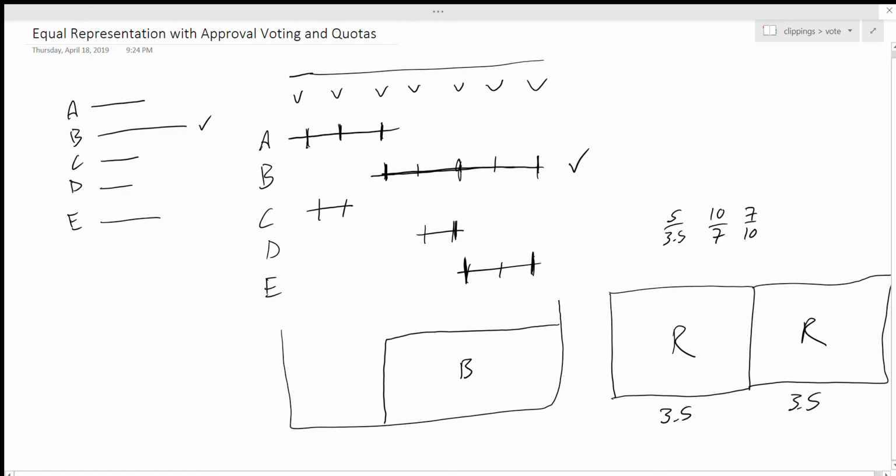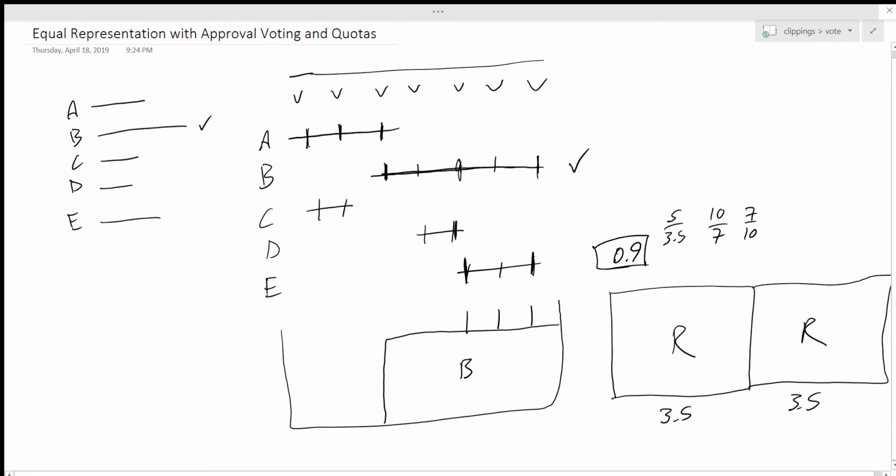And now the people that are represented are represented up to 7/10 of what they should be. And they still have 3/10 that they could be further represented. So if you picked E, then you would have 3/10 times 3, which is 0.9 units of representation that E would give.